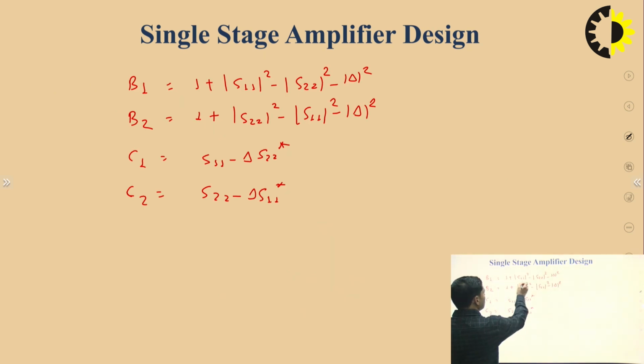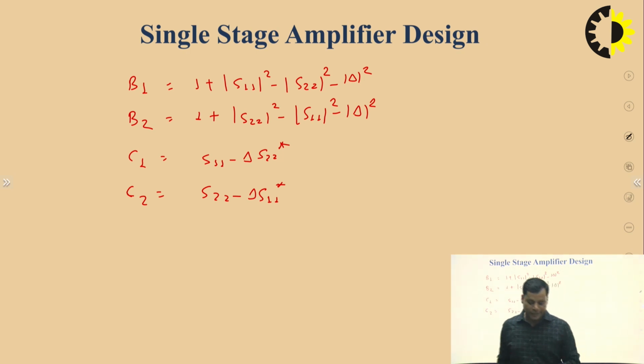B1 is 1 plus mod S11 square minus mod S22 square minus mod del square. B2 is equal to 1 plus mod S22 square minus mod S11 square minus mod del square. C1 is S11 minus del S22 conjugate. C2 is equal to S22 minus del S11 conjugate.